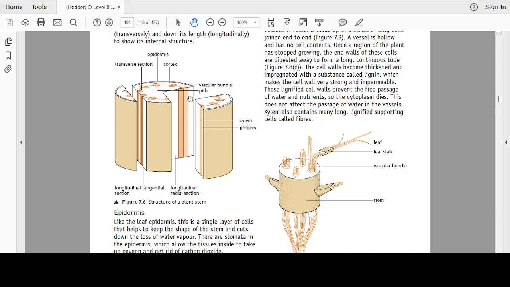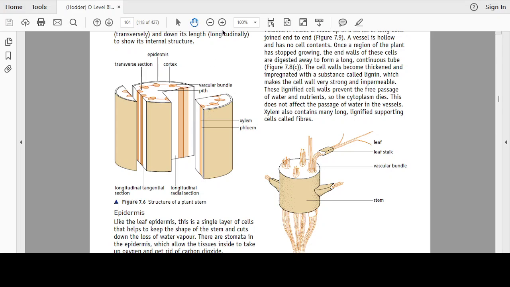And so what you can see over here, this outer pinkish shade is the layer of the epidermis. The white inside is the cortex. And then you see these capsule type things going all around. Those are the vascular bundles.